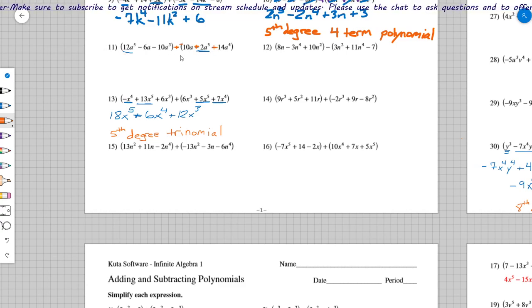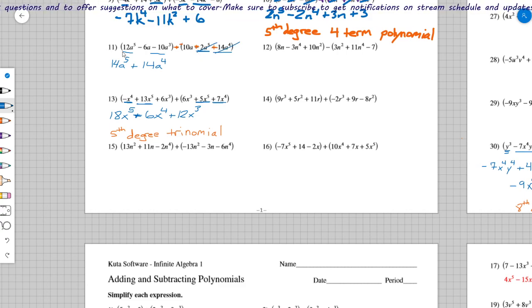So 12a to the 5th plus 2a to the 5th is going to be 14a to the 5th. Negative 10a to the 3rd, but we don't have one here, but we have a positive 14a to the 4th, so that's going to come first, so plus 14a to the 4th.